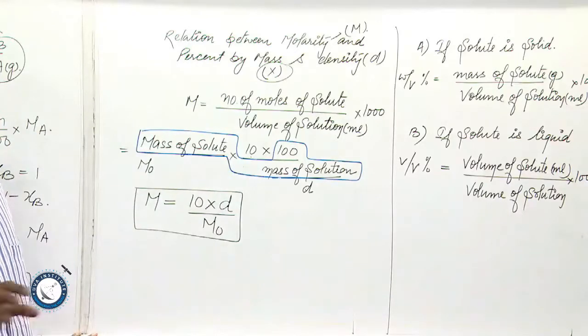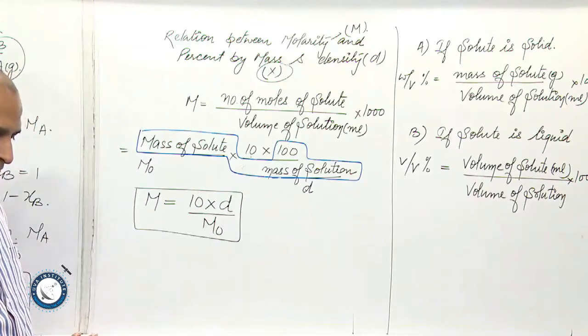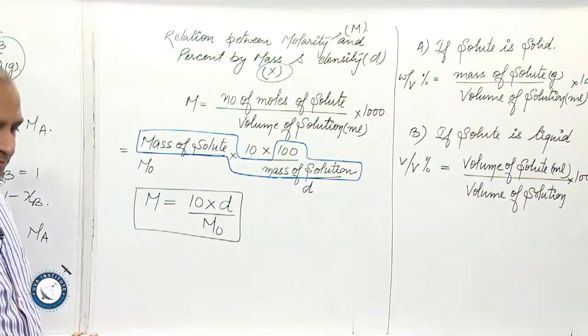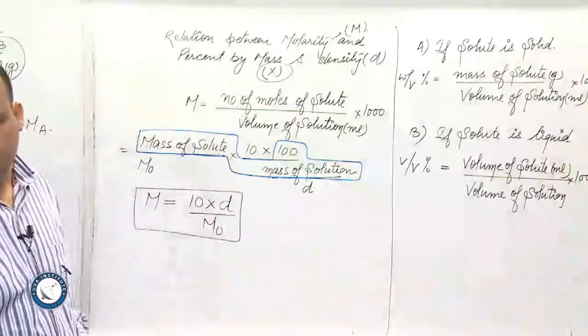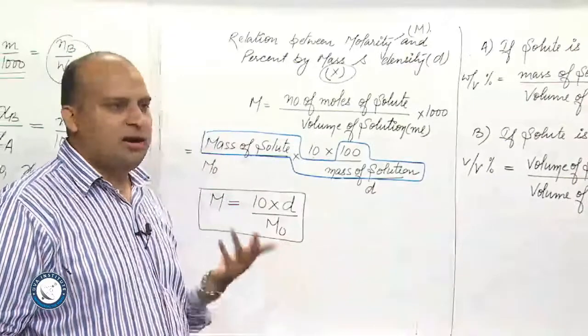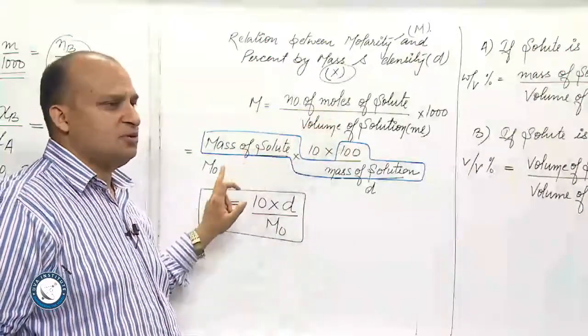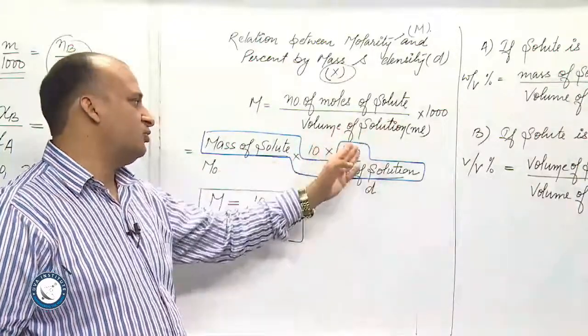Now clear to everybody? Tell me which part. There is nothing in it, all I have to do is repeat the same thing again and again: number of moles is mass upon molar mass, volume is mass by density, 1000 is 10 into 100.